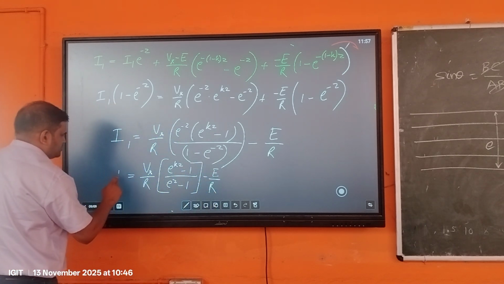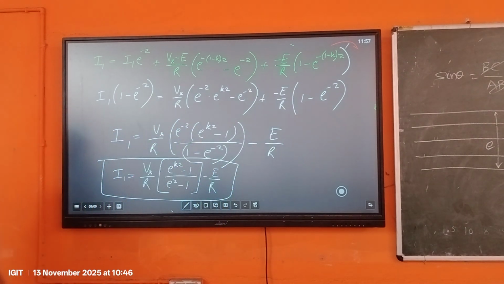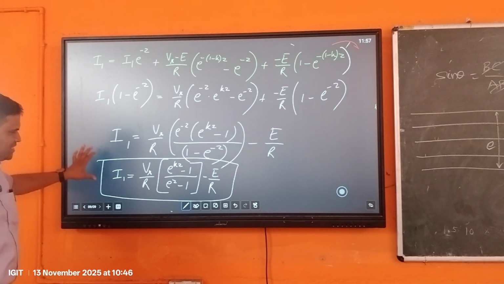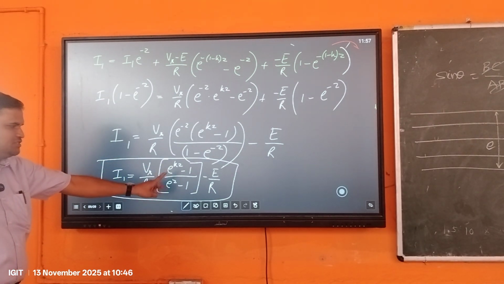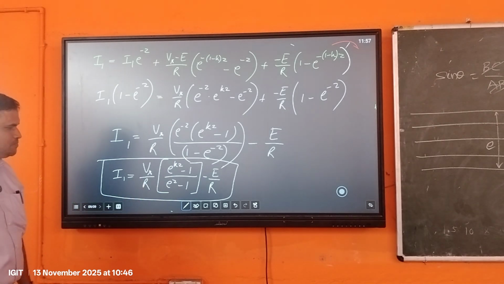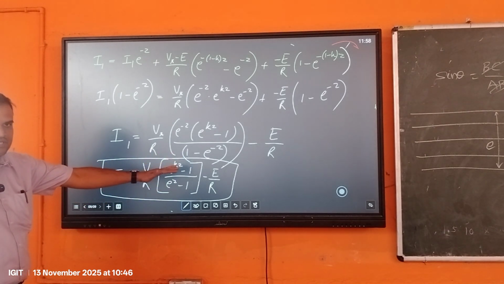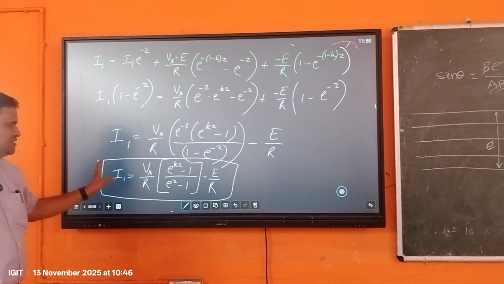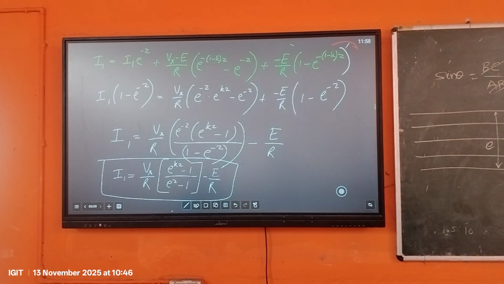How simple is the equation? Yes, once we did the entire thing, finally we get I1 is equal to (e to the power kz minus 1) by (e to the power z minus 1). And this obviously is the DC term, the back EMF is the negative term, so that will remain as it is. That is the value of I1. Okay, I2 we will not derive, we will simply write the value of I2.